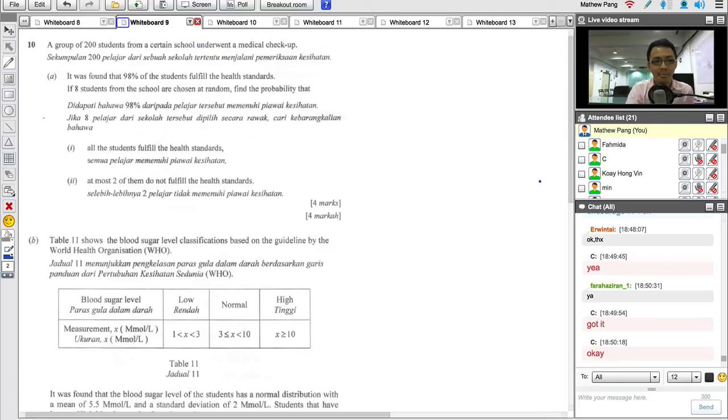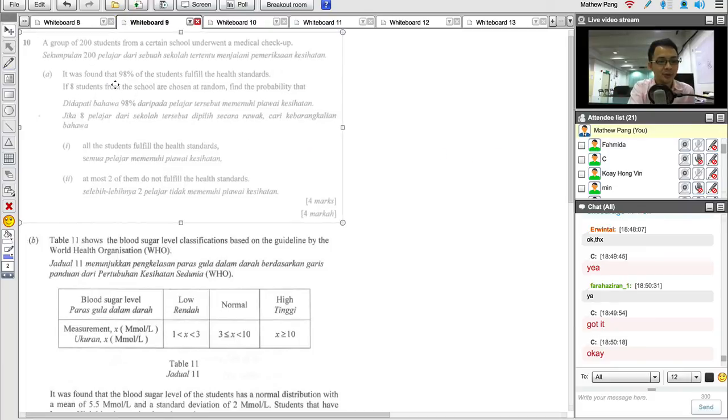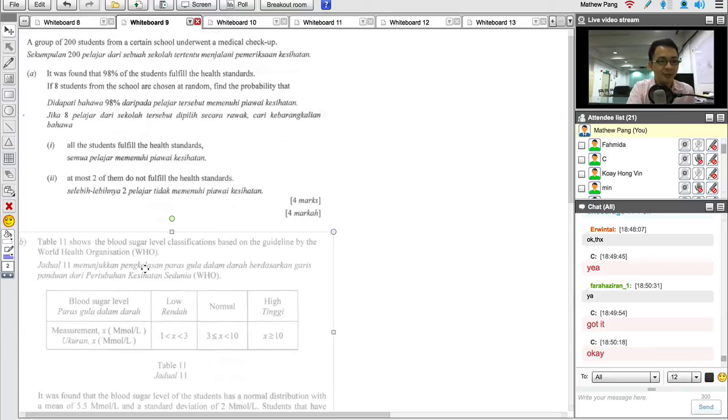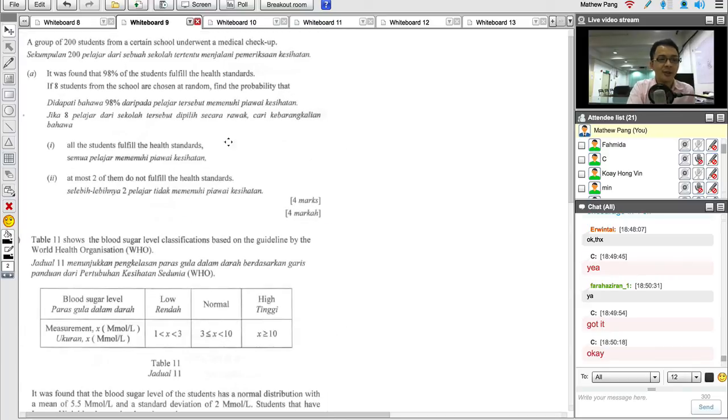Come have a look at this one. Let me just move here a bit. A group of 200 students from a certain school underwent a medical checkup. 98% of the students fulfill the health standard.